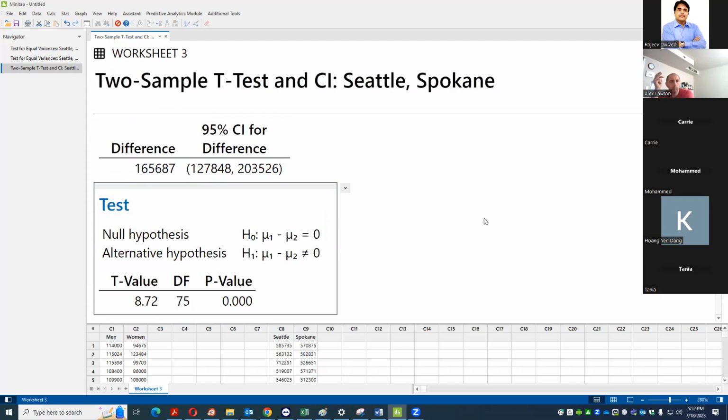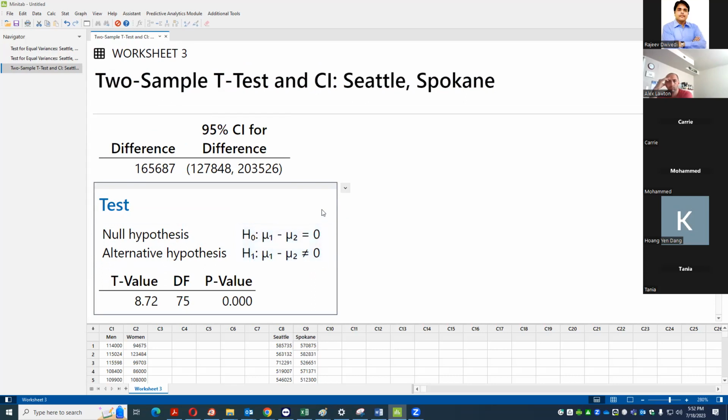The first sample is Seattle, the second is Spokane. Null says Seattle minus Spokane is 0, and the alternative says it is not 0.